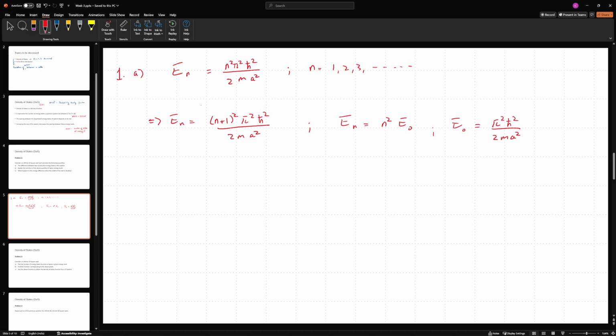So what is the difference between, yeah, I should have written it as E_(n+1). So now what is E_(n+1)? First I can say this, E_(n+1) is greater than E_n, most certainly.